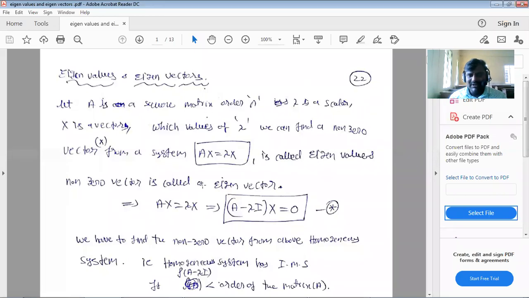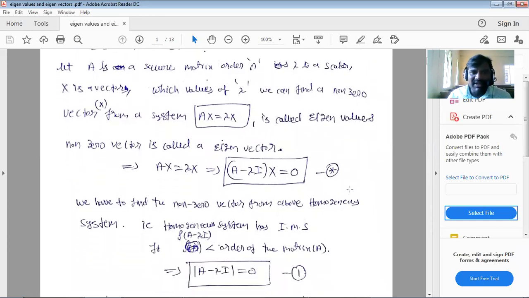A is any square matrix, lambda is any scalar, and x is any vector. For what values of lambda can we find a non-zero vector from the system Ax equals lambda x? Then lambda is called the eigenvalue and the corresponding vector the eigenvector. Your aim is to find what lambda is and what x is from this equation.